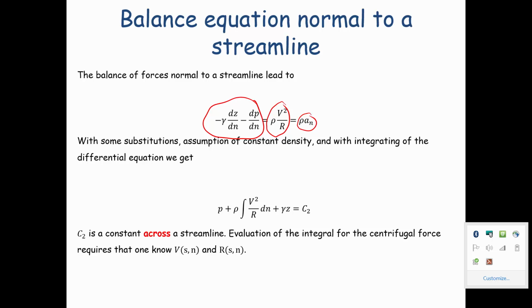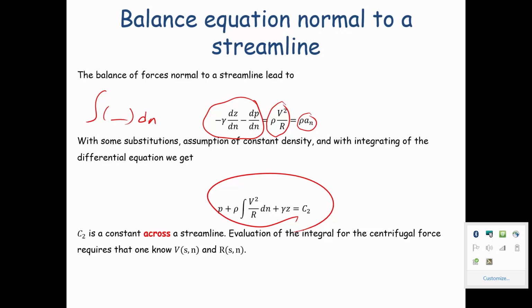All right, so make the assumption that we have constant density. We can do the integration of that equation, but now the integration is of some stuff here in the parentheses, dn. So we're integrating in the normal direction to the streamline. That ends up giving us the equation here, which basically says that along the normal at any given point, if you start from the streamline, normal to the streamline, you move normal to it either above or below the streamline.